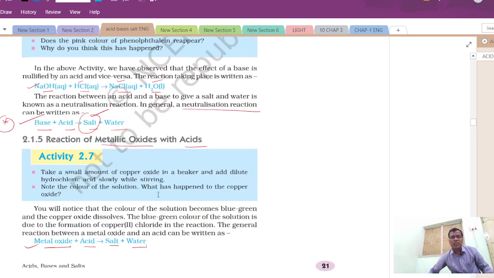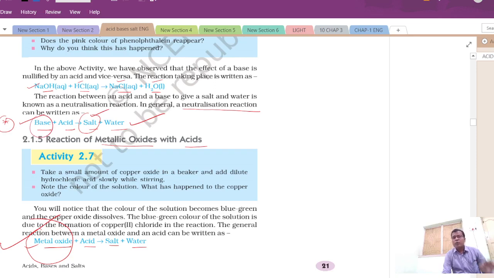Please have attention: when a base reacts with an acid, salt and water are formed. And here, when a metal oxide reacts with an acid, salt and water are formed. That means this metal oxide is behaving like a base.